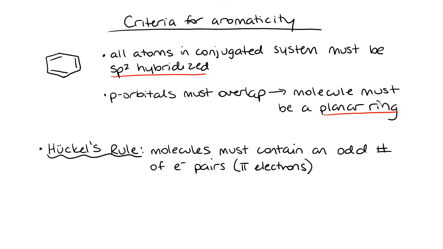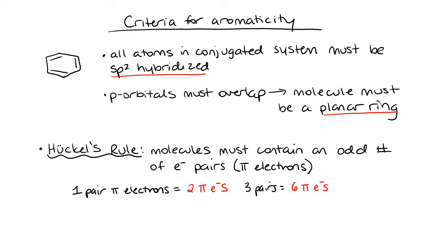So if a molecule contains one pair, one being our odd number of pi electrons, that's equivalent to the molecule containing 2 pi electrons. It can also have 3 pairs. 3 pairs would mean a total of 6 pi electrons.